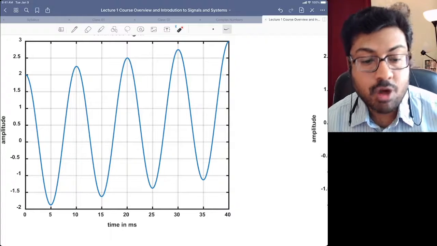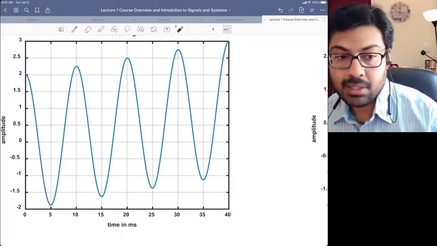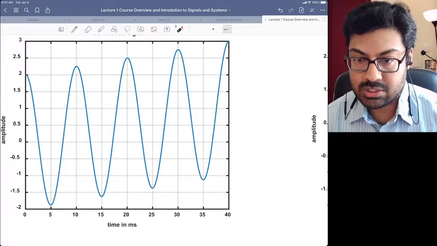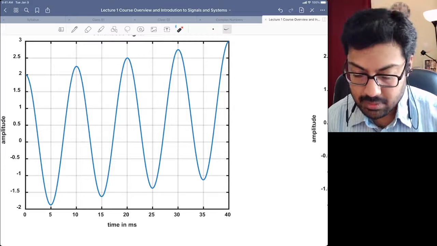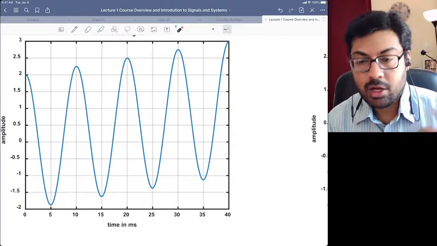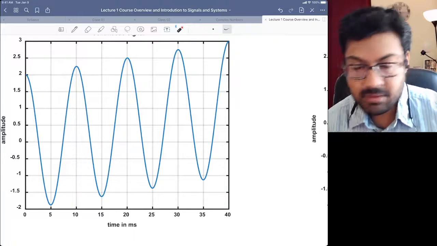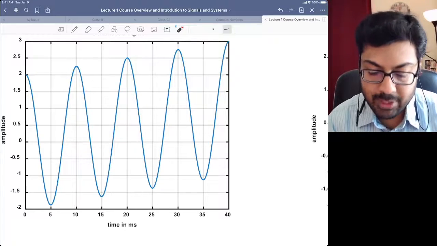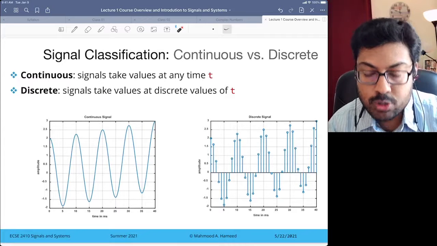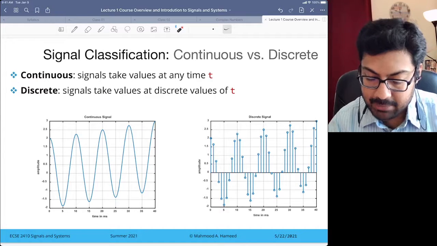So in terms of time and amplitude, it is continuous. The plot is continuous. Every value is being recorded, stored, processed. That's what is happening over here for continuous.